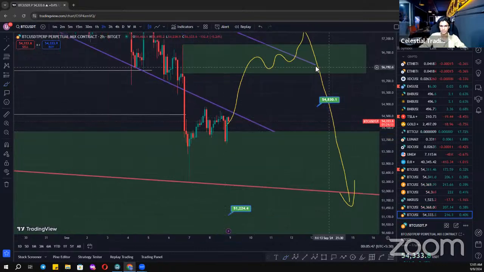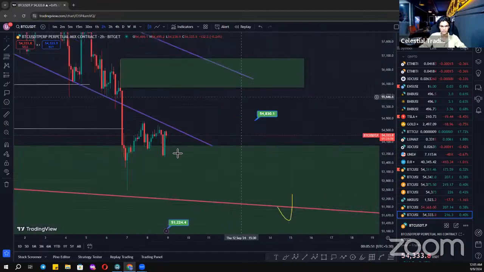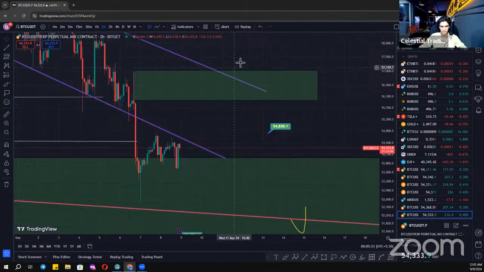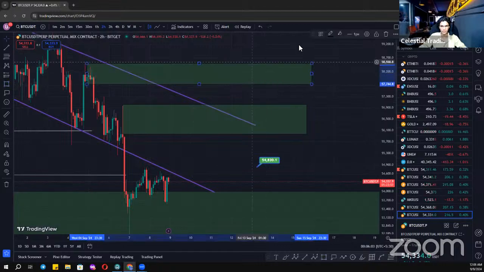Okay, let's mark the points that I have analyzed. So the market would go here and take the liquidities, and it would respect this order block, OB.